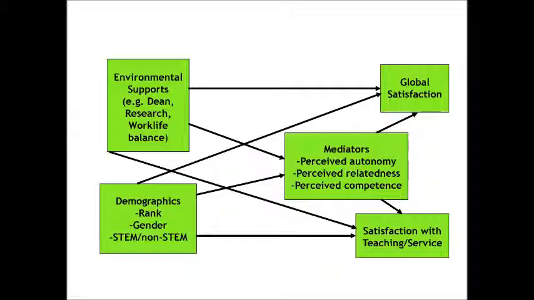The environmental supports are conceptualized as impacting their job satisfaction directly, but also indirectly by providing the support necessary for faculty to experience autonomy, competence, and relatedness. So this next picture is kind of a visual presentation of our model. And we'll be talking about this as we go through this presentation.